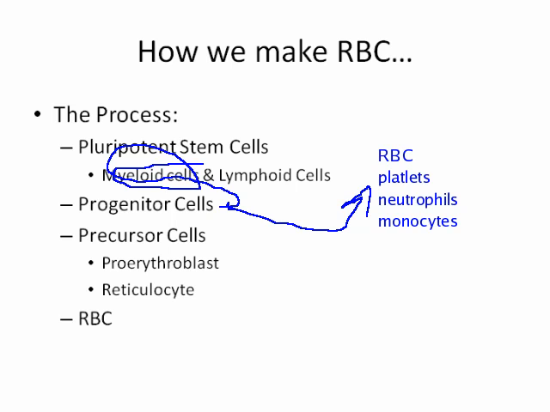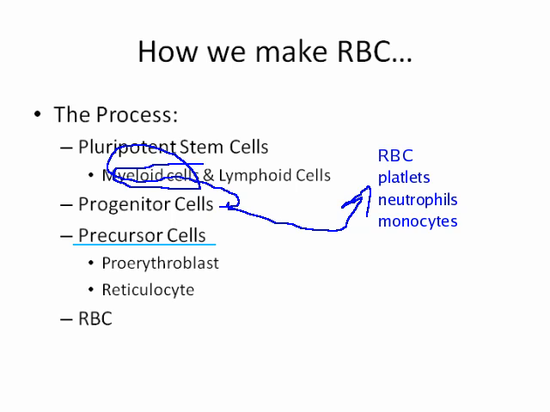So if the progenitor cells differentiate and become precursor cells, they have locked in their fate into becoming red blood cells.